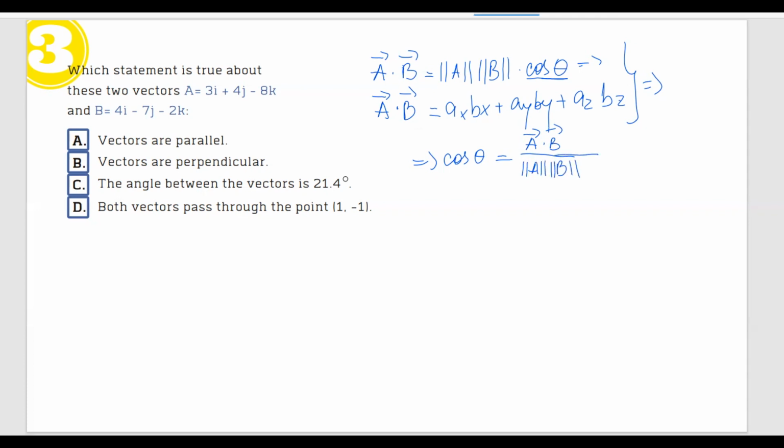So let's go ahead and calculate A dot B using this formula here. A dot B is going to be equal to 3 times 4 plus 4 times minus 7 plus minus 8 times minus 2.